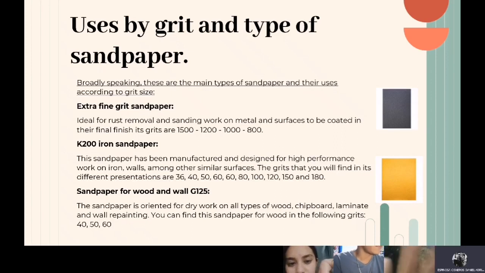Iron sandpaper. This sandpaper has been manufactured and designed for high performance work on iron, walls, almond, and other similar surfaces. The grits that define it have different percentages: 36, 40, 50, 60, 80, 100, 120, 150, and 180.